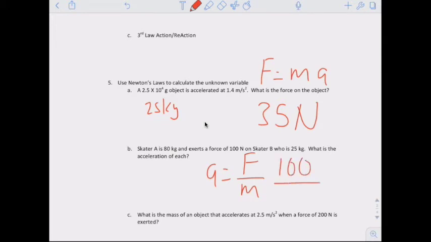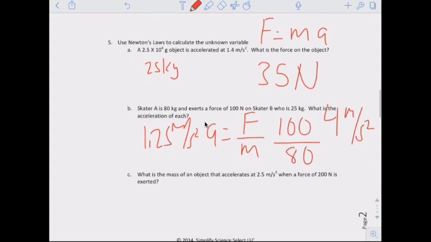So 100 newtons divided by 80, so skater A will accelerate 1.25 meters per second squared. And then skater B will be 100 divided by 25 and will have an acceleration of 4 meters per second squared.